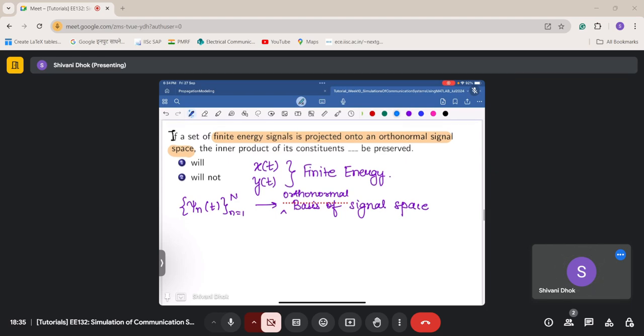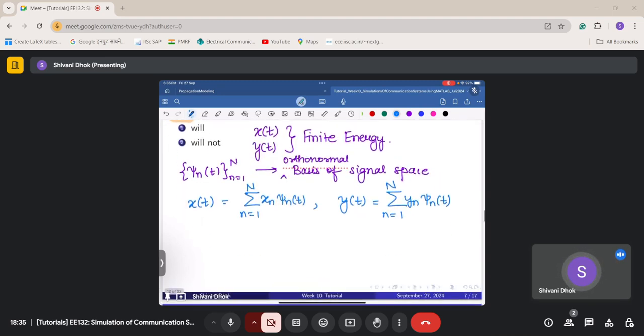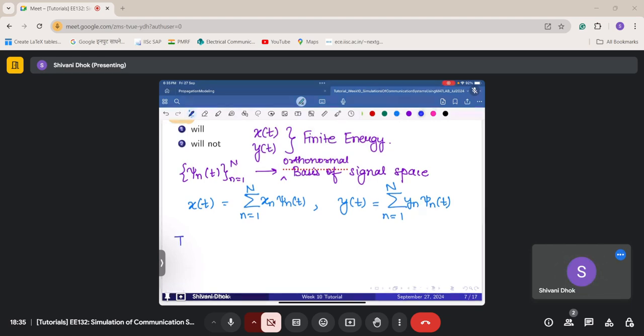So you can write x(t) as summation n equal to 1 to capital N x_n psi_n(t), and we can write y(t) as summation n equal to 1 to capital N y_n psi_n(t). Now the inner product of these finite energy signals is given by integral from minus infinity to infinity of x(t) into y conjugate of t dt.